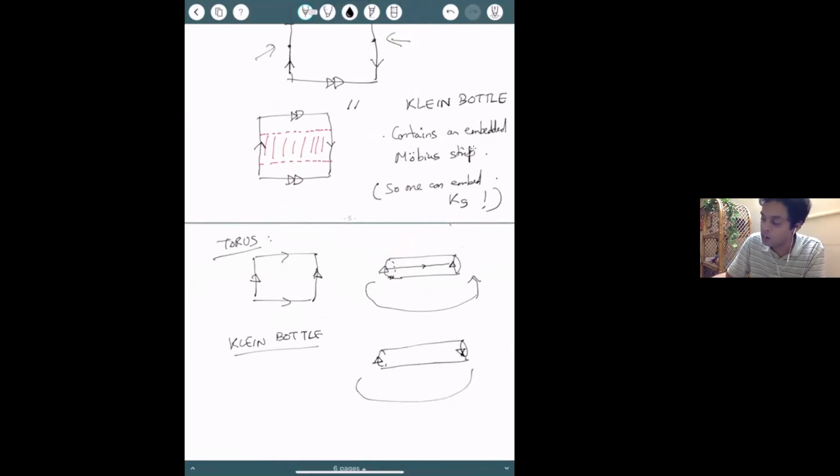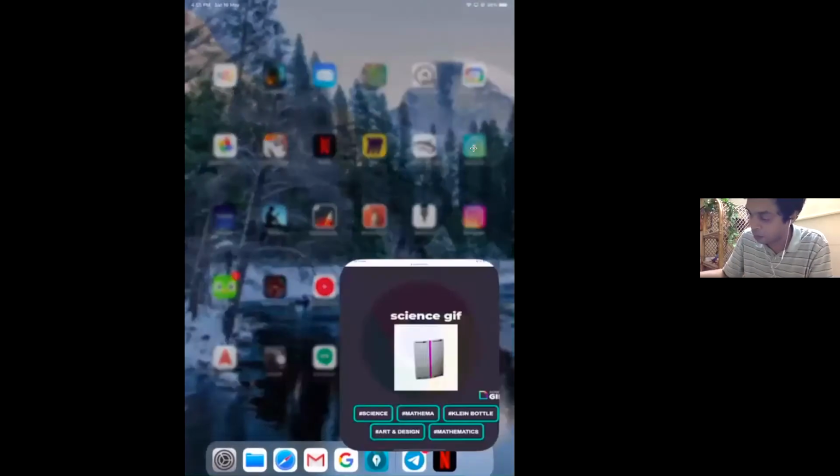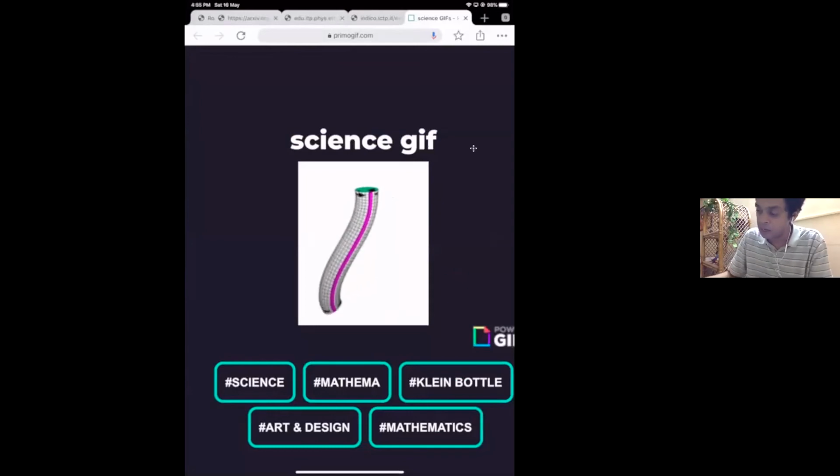Now when you try to glue to make the arrows match, you find that you can't quite do it while remaining embedded in R3. So you have to intersect yourself. Here's an animation of that happening. This is taking these two sides, making the arrows match.